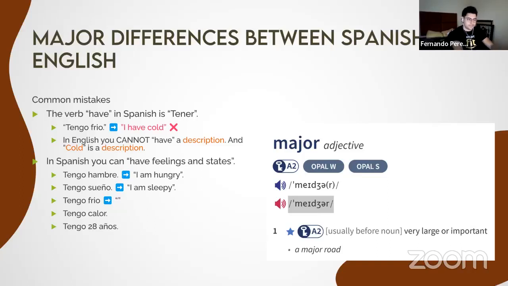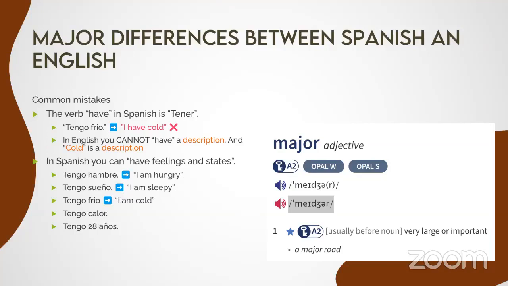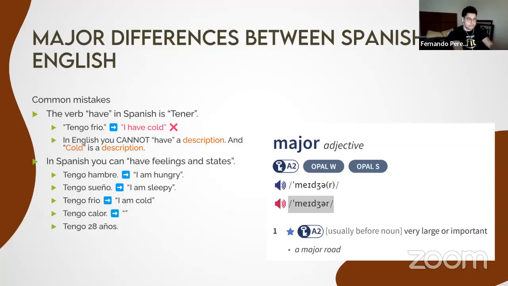Tengo frío. I am cold. Exactly. Tengo calor. I am hot. Tengo 28 años.